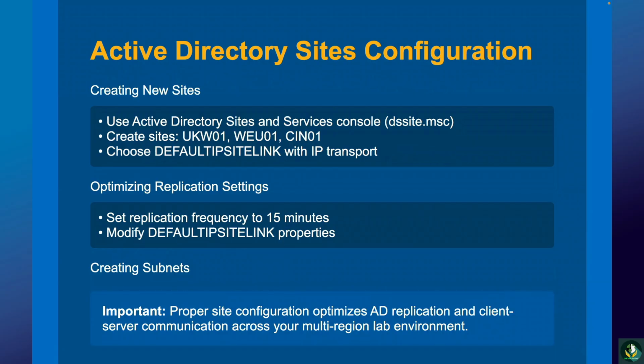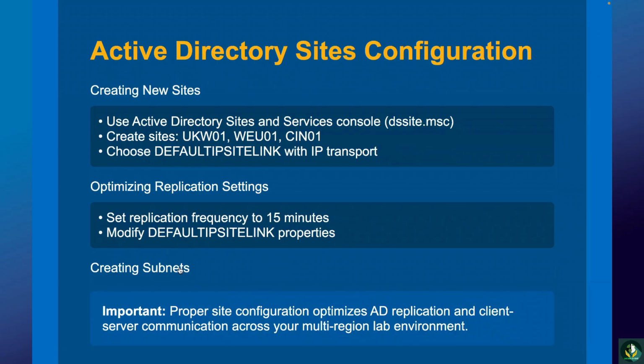We'll set it to 15 minutes, which is the minimum allowed value. This can be done through the graphical user interface by navigating to Inter-Site Transports in the Active Directory Sites and Services console, right-clicking on the default site link, selecting properties, and setting the replication frequency to 15 minutes.